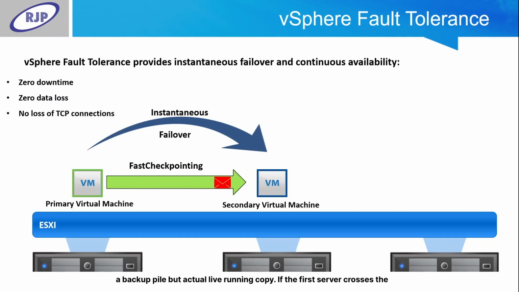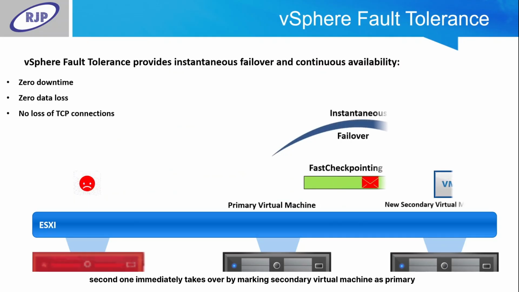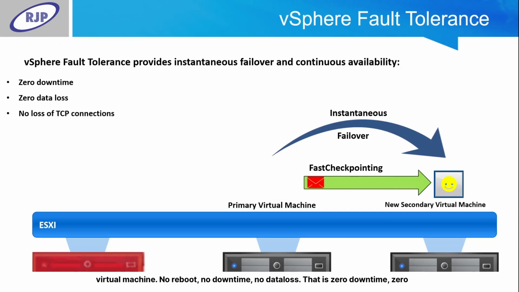If the first server crashes, the second one immediately takes over by marking the secondary virtual machine as the primary virtual machine. No reboot, no downtime, no data loss. That is zero downtime, zero data loss, no loss of TCP connection.